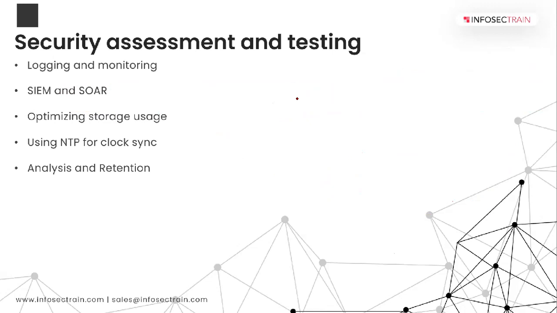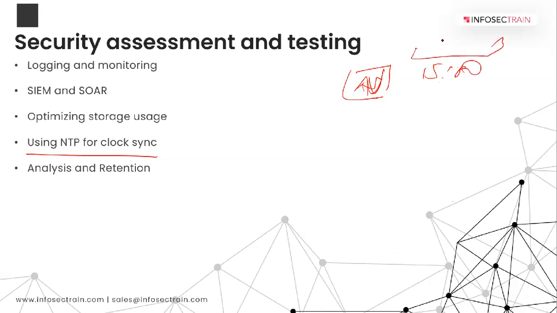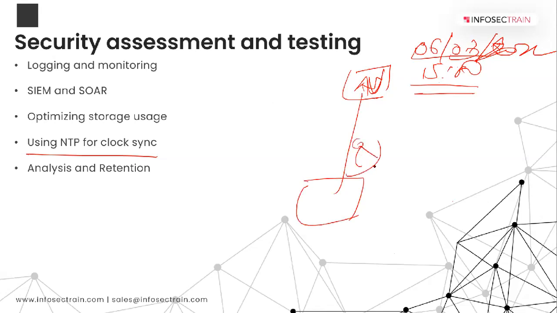Then another important thing is using NTP and keeping the clocks in sync. For example, if my AV server has 3 o'clock right now and the date 06/03/2022, but at the branch where there is a VSAT connection, there is a lag, and the date is incorrect over there, say 3/3/2022, and the time is also different, say 15:30.